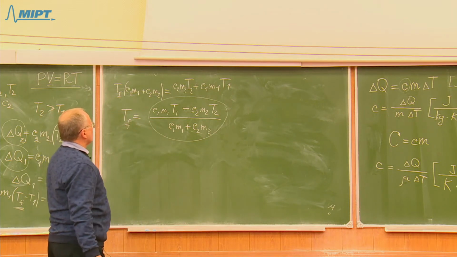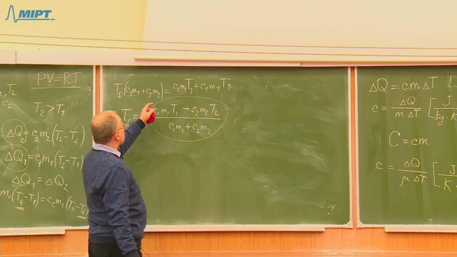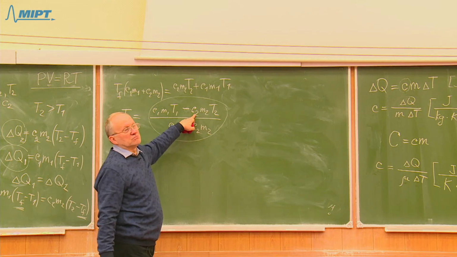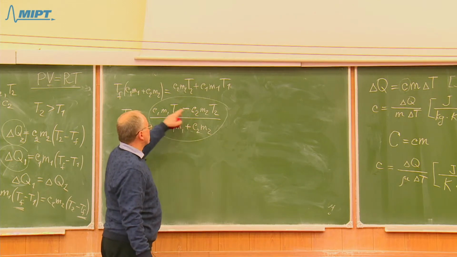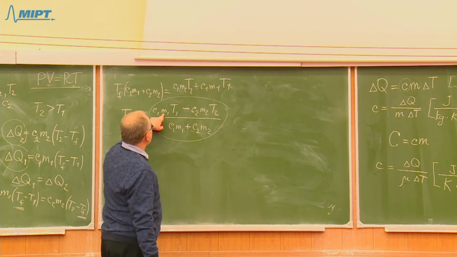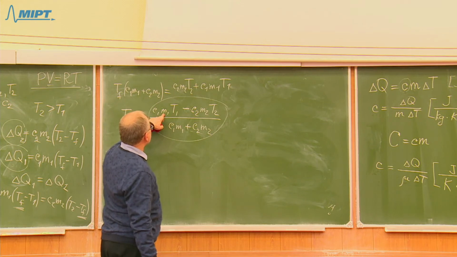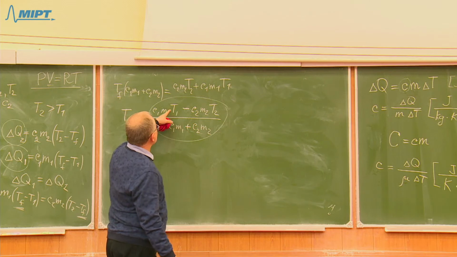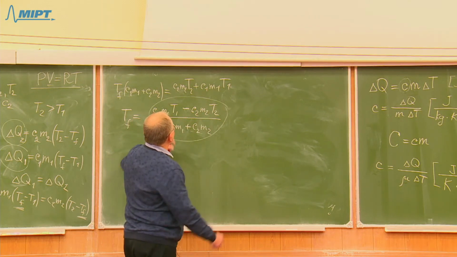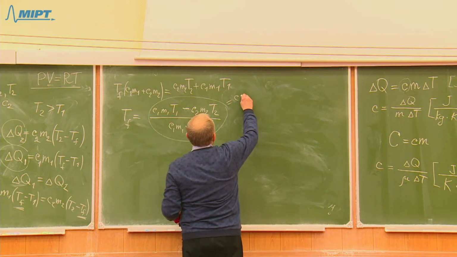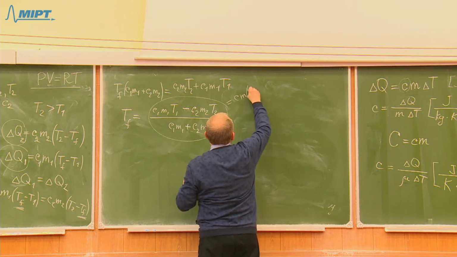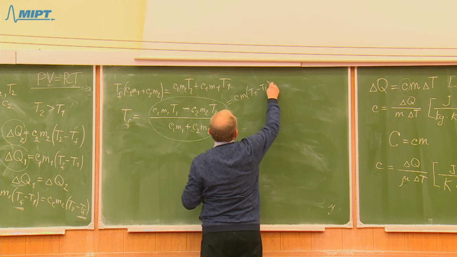So imagine that we take the same liquid so that C1 equals C2, the same liquid with the same specific heat, and the same mass of liquids, M1 equals M2. Then we will have here in the numerator specific heat and mass, which is the same, and T1 minus T2.